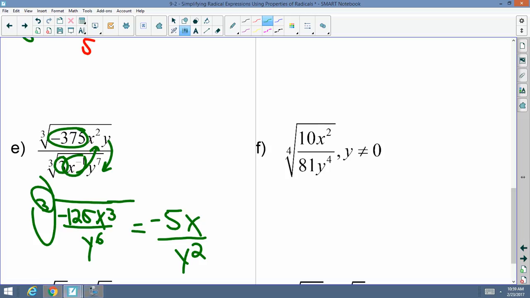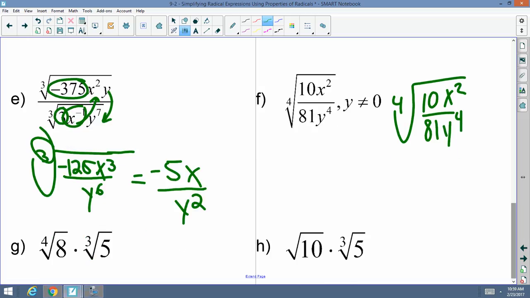And then here, okay, this is a really good one. I've got in this particular case the fourth root of 10x squared over 81 y to the fourth. Okay, fourth root. Well, I can't break down the 10 to 4. I can't break down the x, I only have 2 x's.